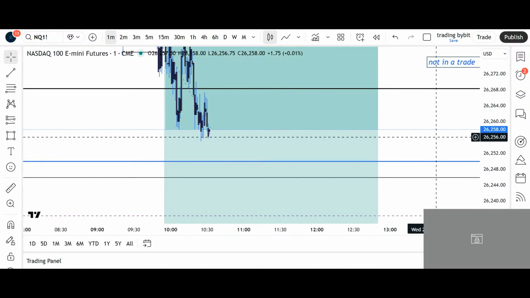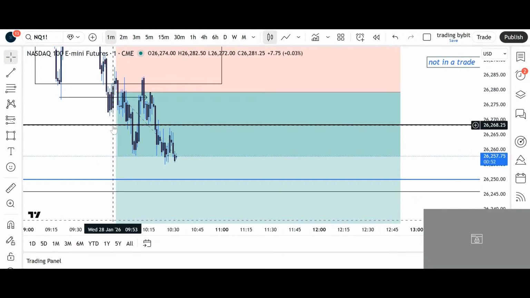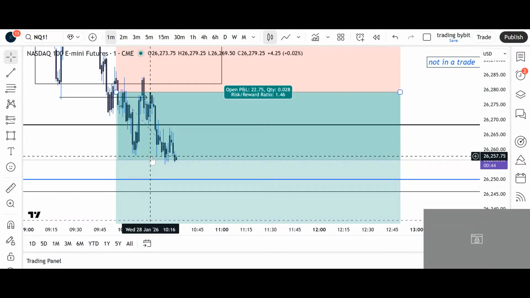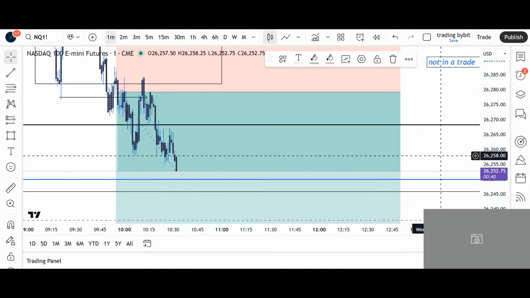But I'll follow along. This still constantly looks like it wants to fall further. So let it do its thing.